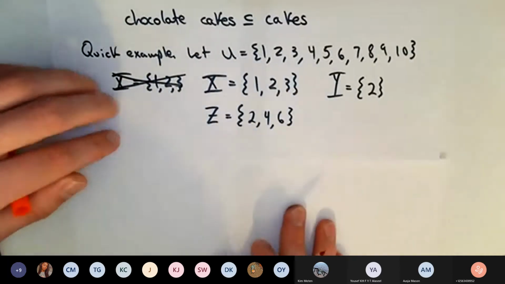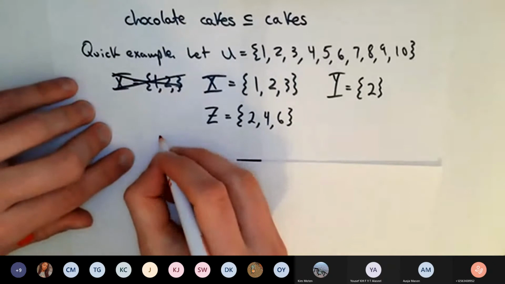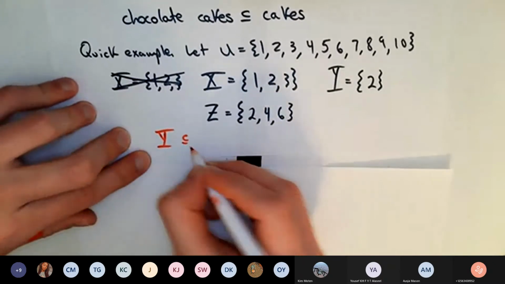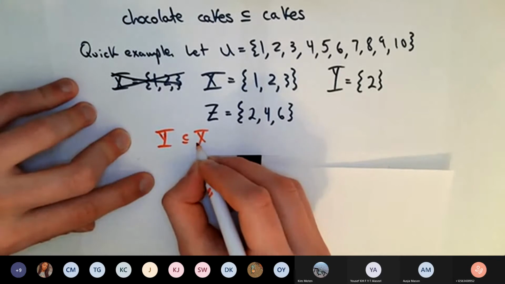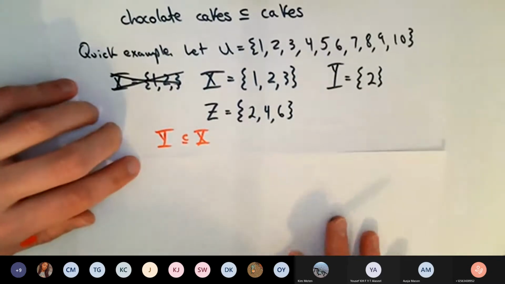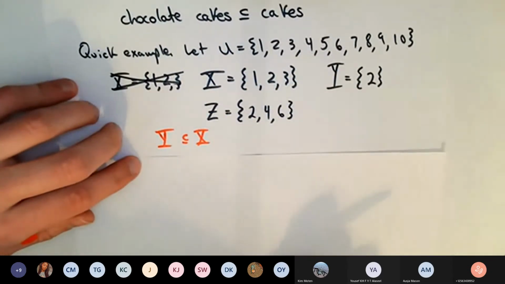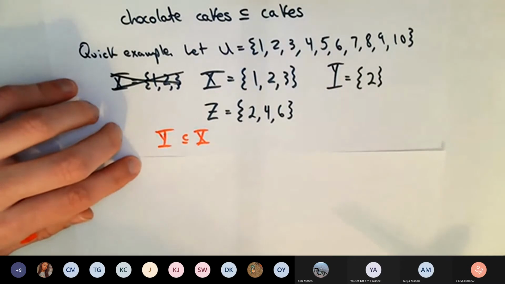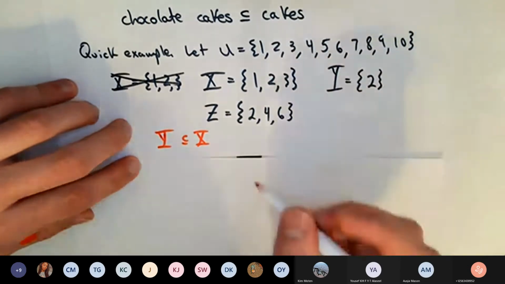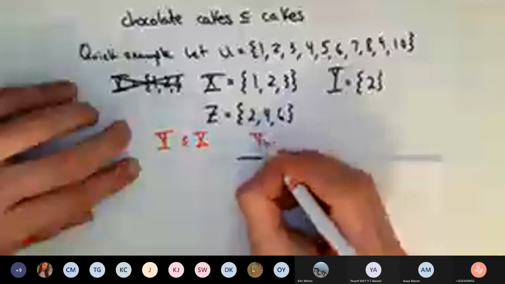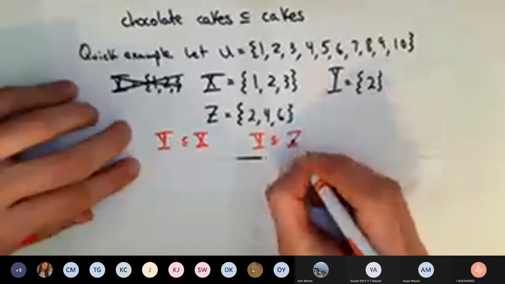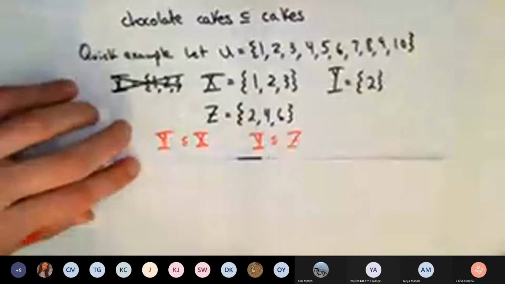So Y is a subset of X, but not the other way around. X is not a subset of Y. Y would be completely contained in X. Also, Y is a subset of Z, but not the other way around.